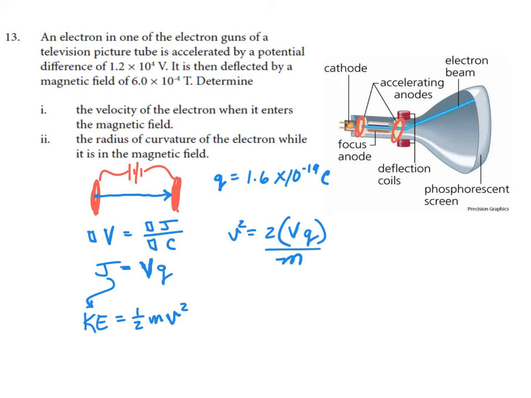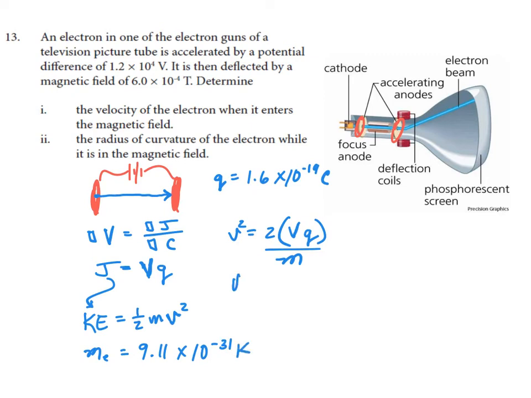Now we need to know what the mass of an electron is. We might have to look that up if you forget what that is, but it's 9.11 times 10 to the minus 31 kilograms.